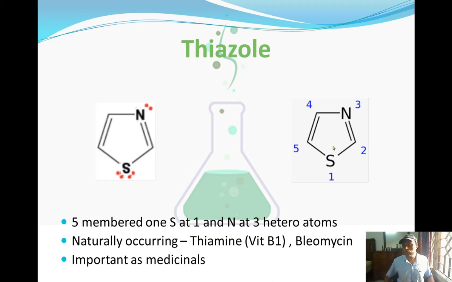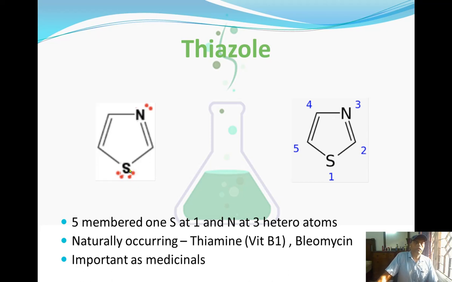According to this rule, you have to number sulfur first, because sulfur exists in the periodic table further to the extreme right compared to nitrogen. That's why sulfur is numbered as position 1, and nitrogen is numbered at position 3.